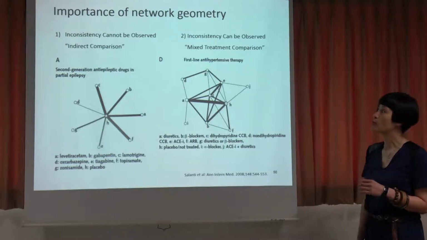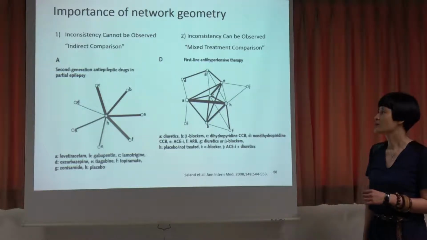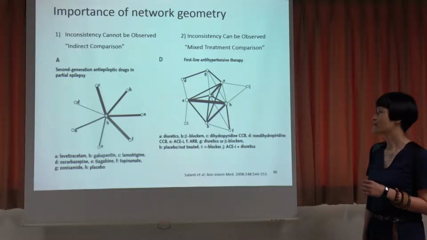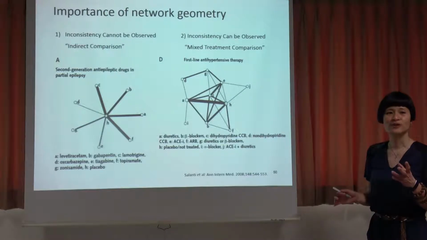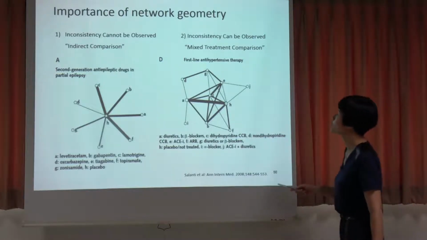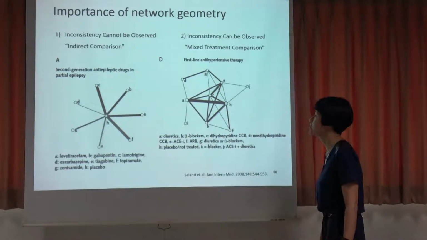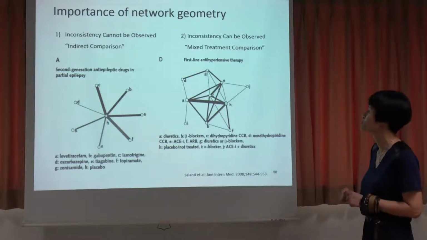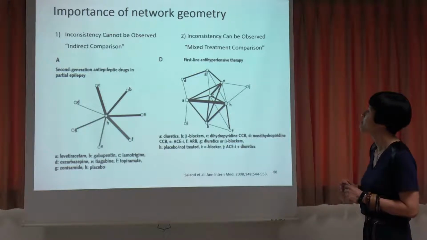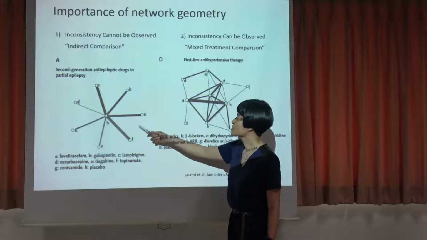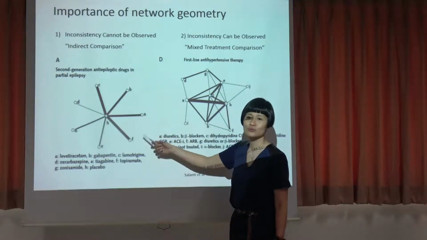The way your network looks is really important, because you can only test for consistency if your network is of that shape. For a network of this shape, which represents a network of second-generation anti-epileptic drugs in epilepsy, you cannot observe inconsistency because you don't have a closed loop.